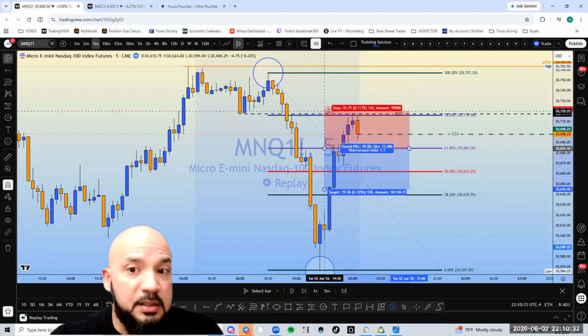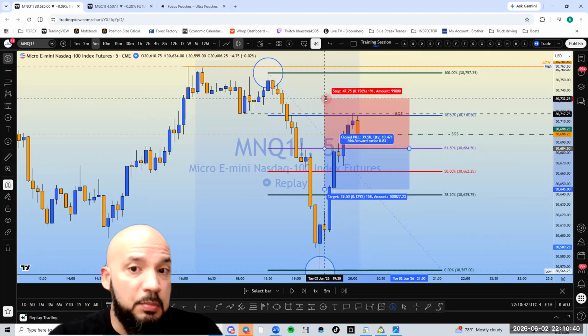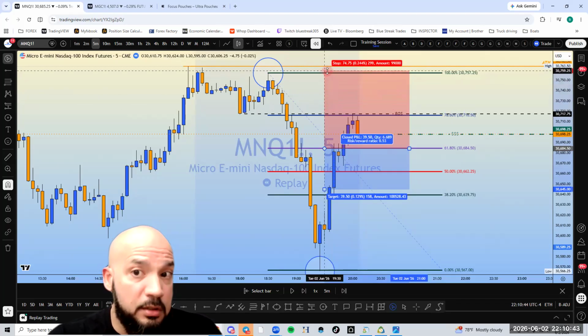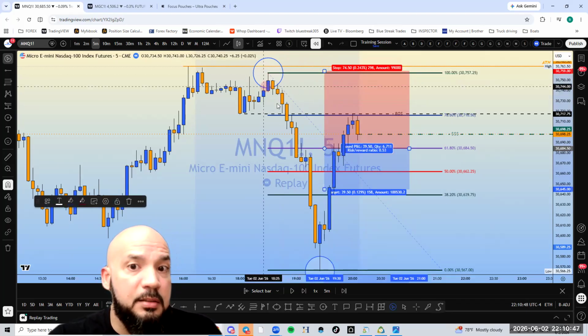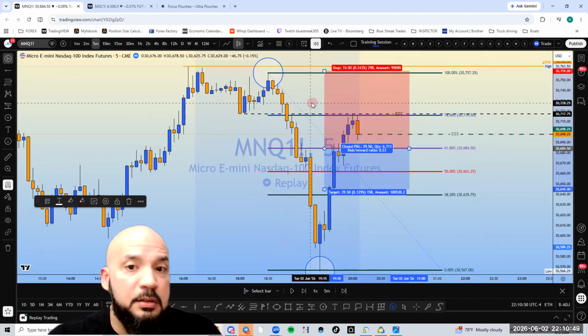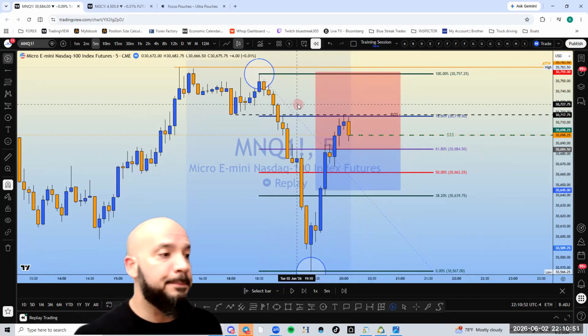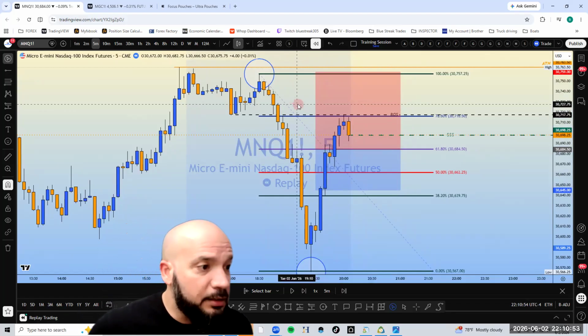Some guys would place the stop loss here. Perfectly fine, that's a tight stop. These things happen and these things play out. Some guys would be midway. Some guys would just use the safety zone. Why is this the safest place to put your stop loss, guys? Because that would be a break of structure at that point. Correct.